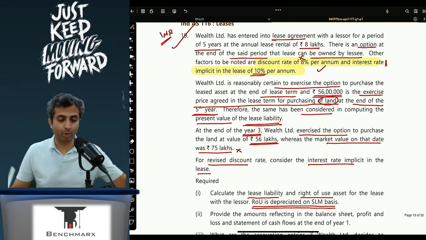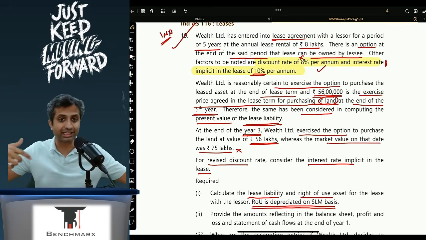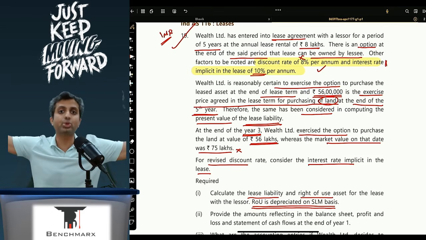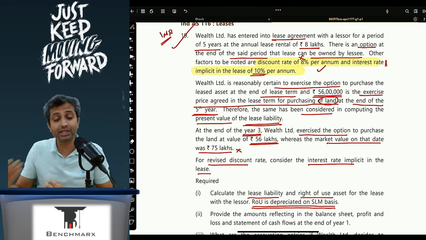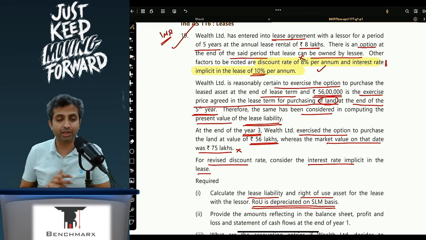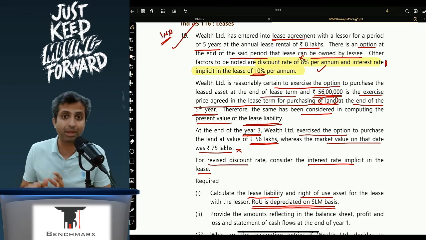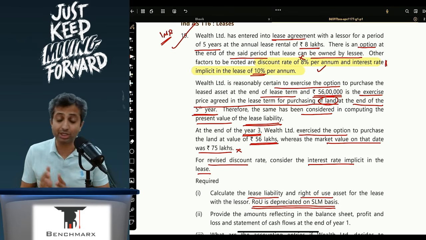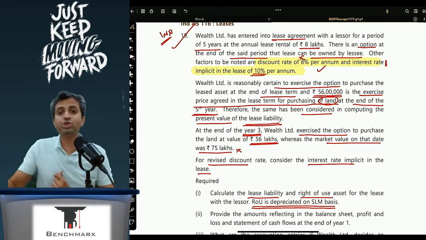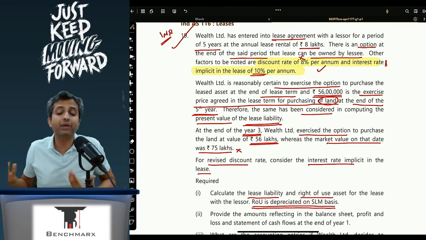Ideally, if there's a purchase option and the purchase option is likely to be exercised, then the depreciation happens over the useful life. Now you don't have the entire useful life of the asset, but one can always argue that land has an indefinite life, and hence there will be no depreciation or amortization. However, if they've told you to depreciate on a straight line basis, and the only basis on which you can depreciate is 5 years, beyond that you have nothing.